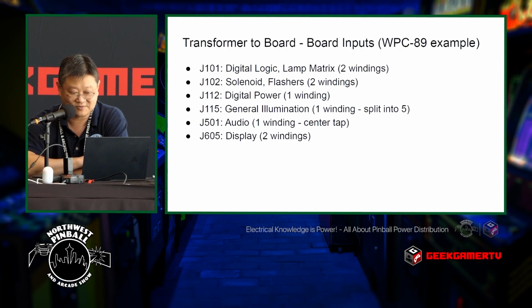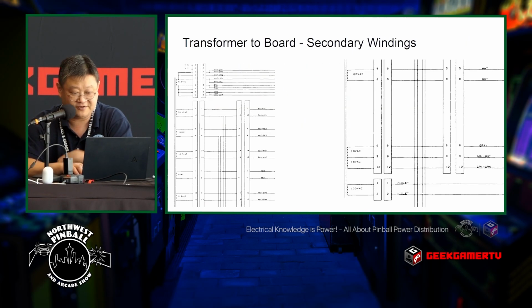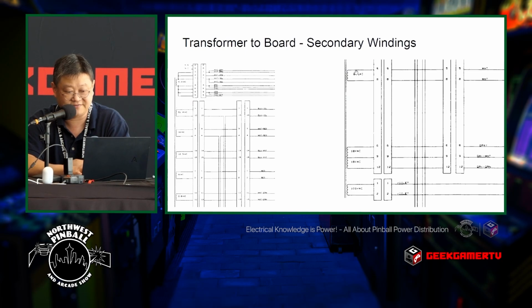I don't want to get into that too much here. There are two 12 volts on the machine. One is regulated, one isn't. Do not confuse them. General illumination, 6.3 volts. Audio, one winding, center tap. Display, two windings: the 80 volts and the 100 volts shown here.